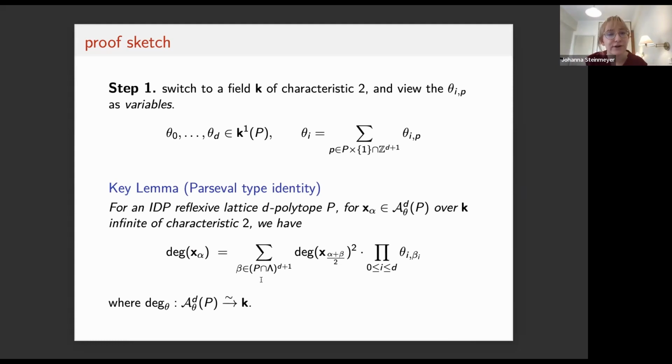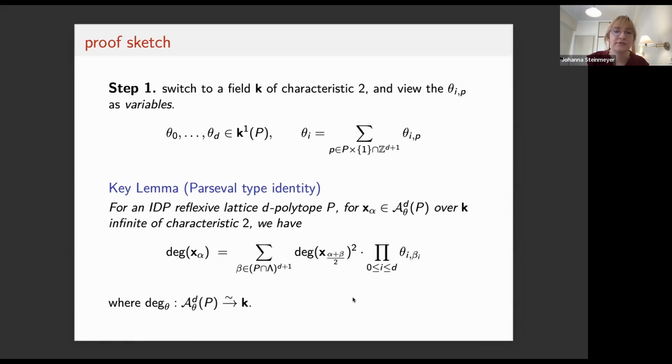If you stare at it for a while, you might be able to see why we called it a possible type identity, because it's quite reminiscent of the original one. Again, notice here I didn't put the theta there, but notice this depends on our choice of thetas.